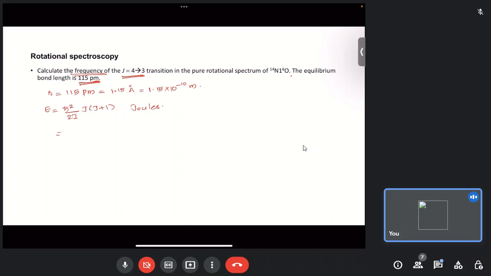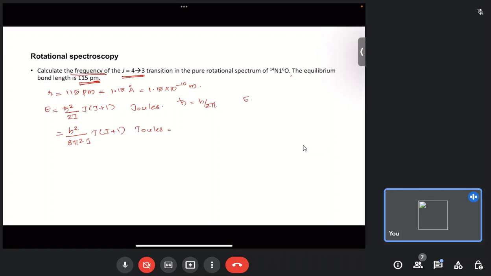So this can also be written as h square by 8 pi square I, because h cut is equal to h by 2 pi. I just substituted h cut square as h square by 2 pi the whole square. So we'll get this particular formula. This is also in joules. Now we have to find how much it is in hertz.